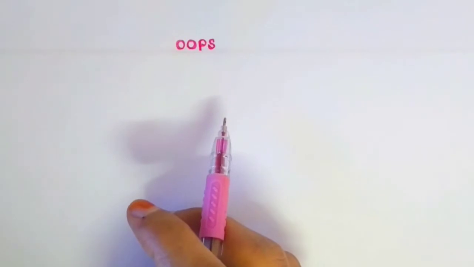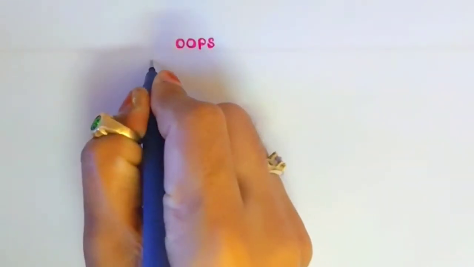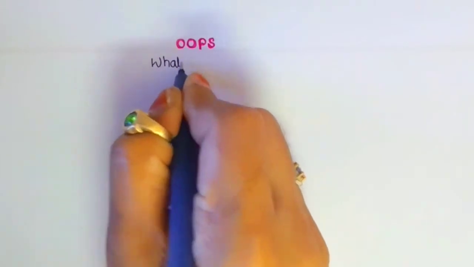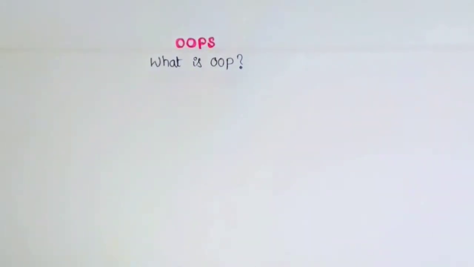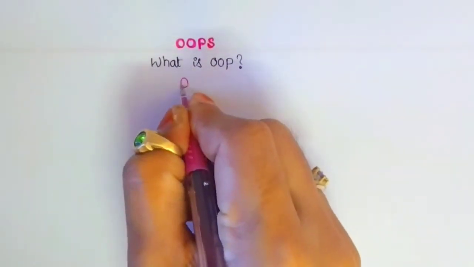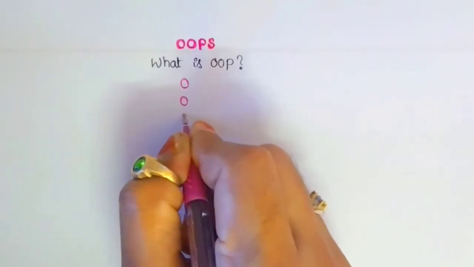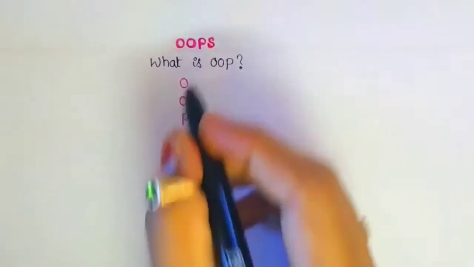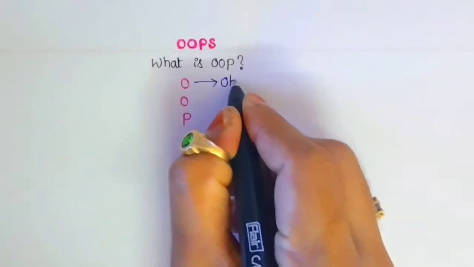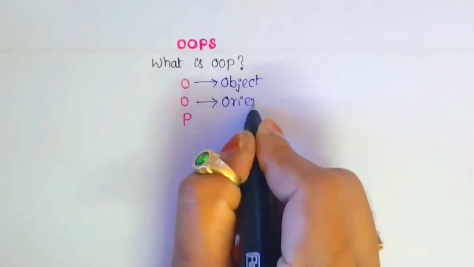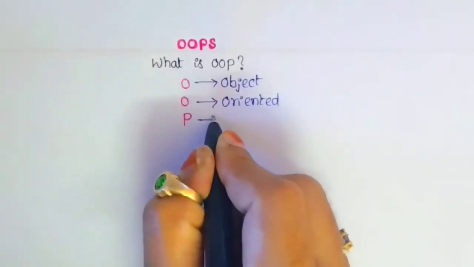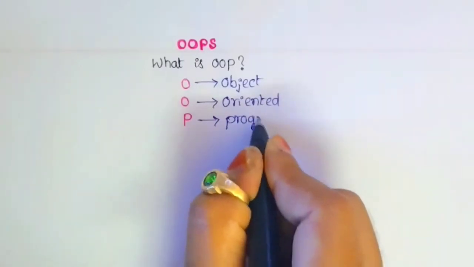In this video, I'm going to talk about OOPS concepts. Before going to start, you should know what is OOP. The full form of OOP is Object Oriented Programming.